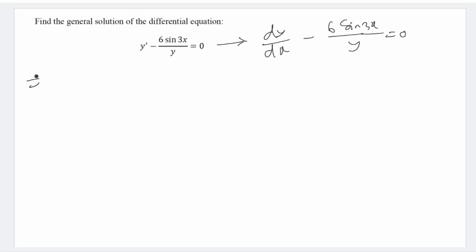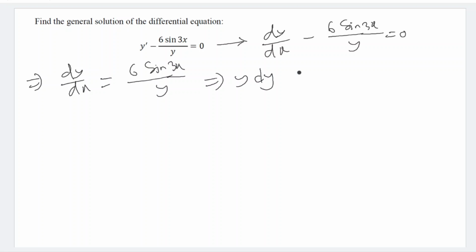Now we can write dy/dx is equal to 6 sin 3x divided by y. So now we can separate x on one side, the function of y on the other side. So now we can write y dy is equal to 6 sin 3x dx.